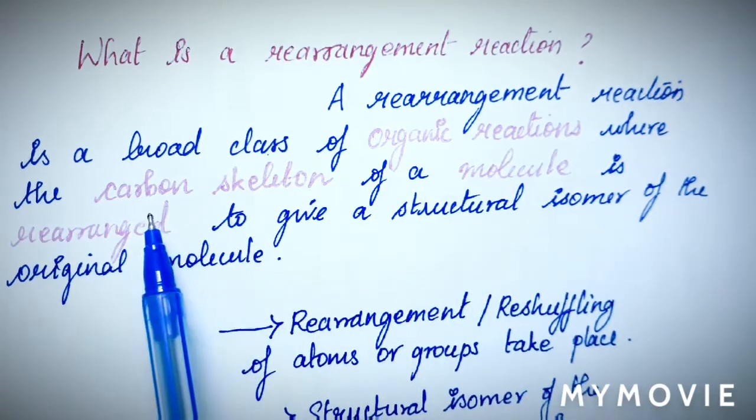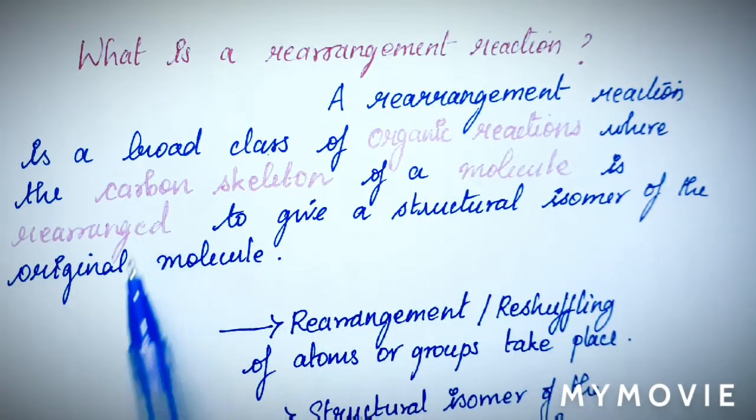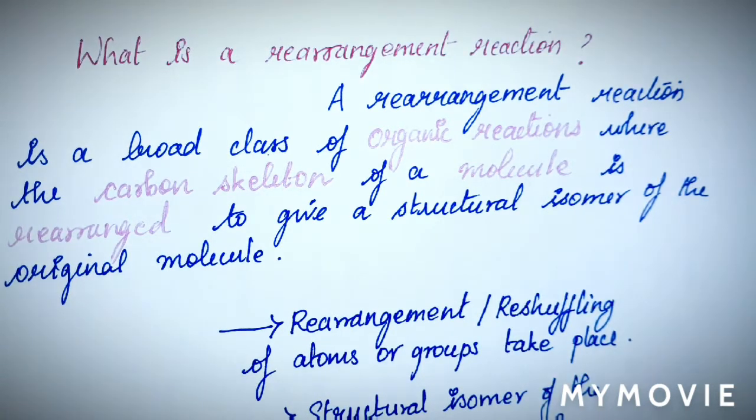And we say carbon skeleton because here we are only talking about organic compounds, and organic compounds have a general carbon skeleton as their framework, in which many other elements and atoms are accommodated. So this is the basics that you should be knowing.